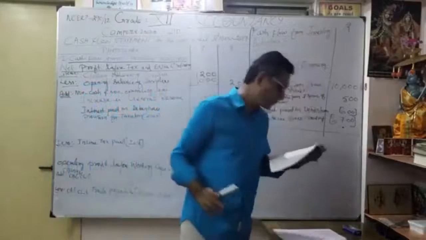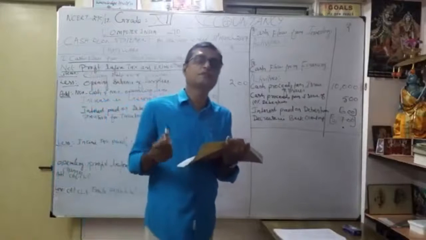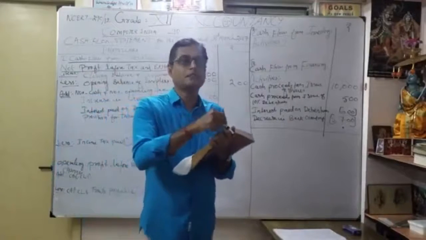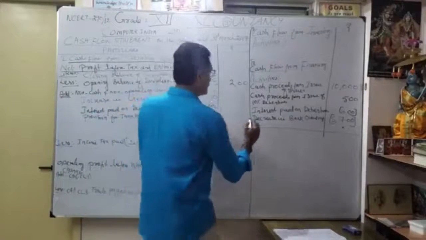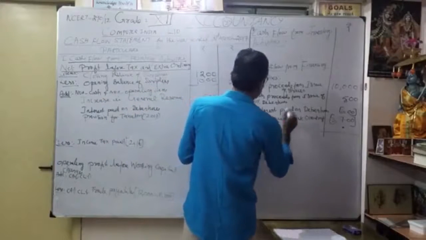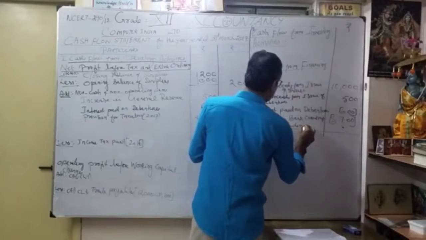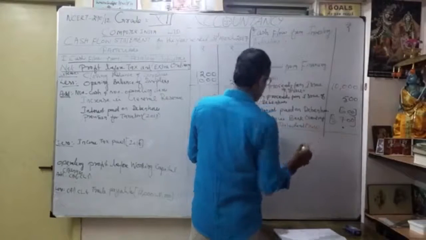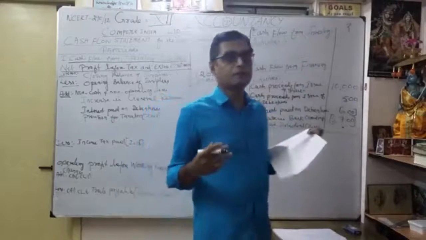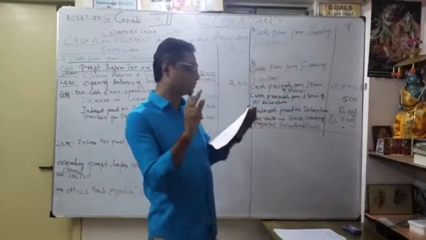Now move to the proposed dividend. I know already. So proposed dividend for 2016, so 5,000. You know where you have to write. You have to write it here. Proposed dividend, under financing activity, nothing but 2016. That means whatever the proposed dividend for last year, we are going to pay in the current year. Correct? What is the proposed dividend for 2016?